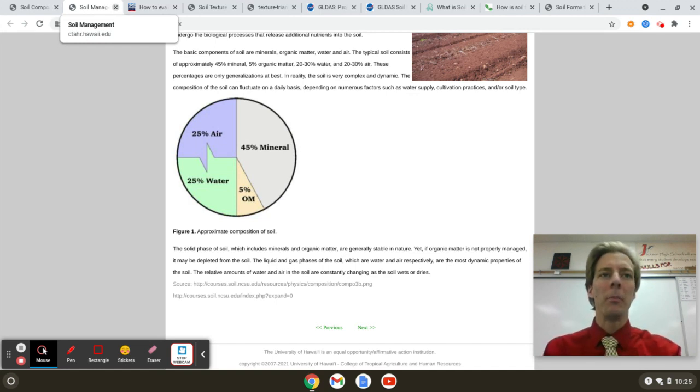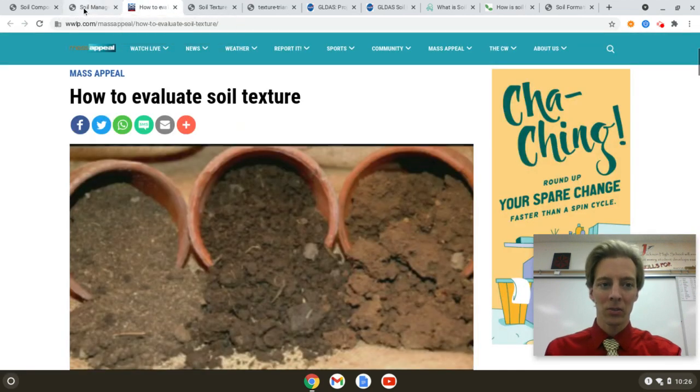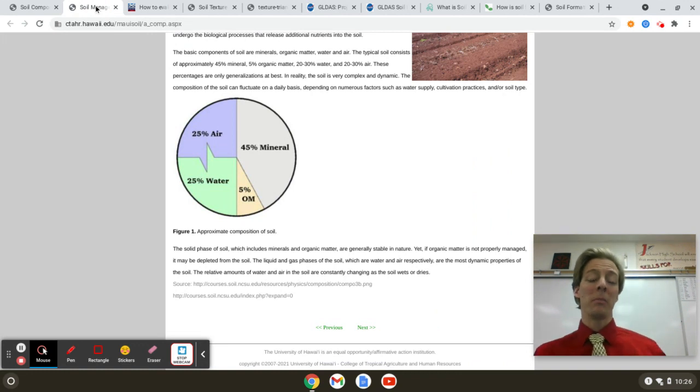So the mineral matter, we need to talk about the mineral matter. What is it? It's broken down rock, right? The organic matter, the humus, it's not hummus that you eat. Humus is the decayed remains of organisms, whether that's plant or animal. There's bacteria.